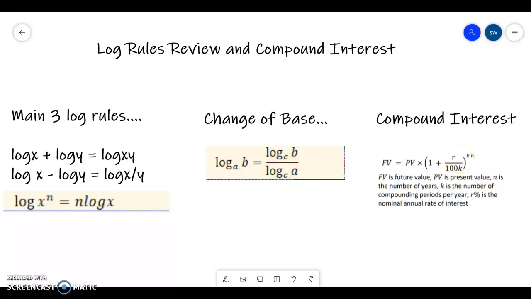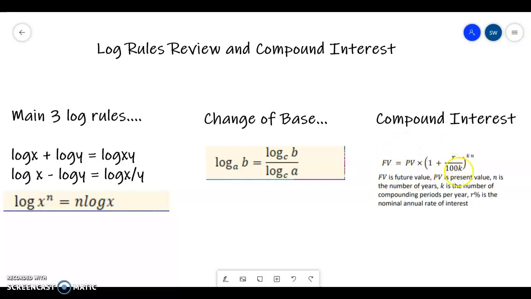And then the last thing we're talking about today is compound interest. It's just a pretty basic formula. It's your starting amount, what you put into it, times 1 plus R over 100K, all to the Kn. So what are those letters? R is the interest rate.